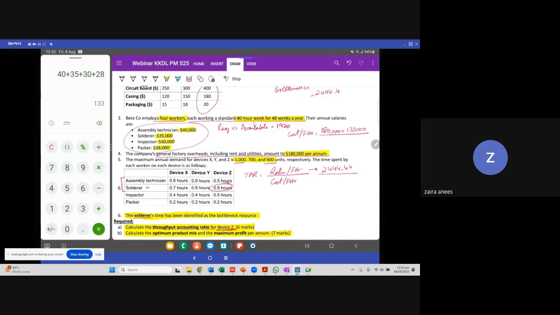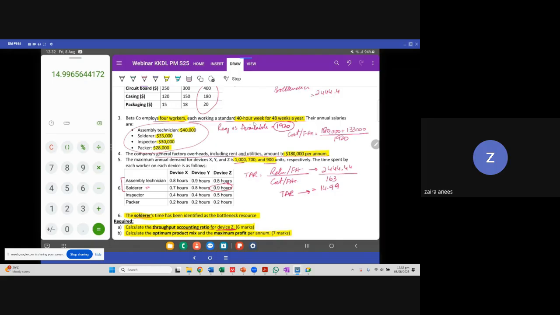Divided by total bottleneck time, which is 1,920. So 180,000 plus 163, giving 14.99, is the throughput accounting ratio.